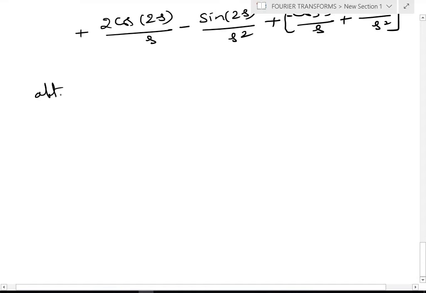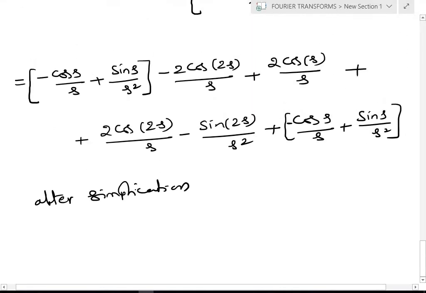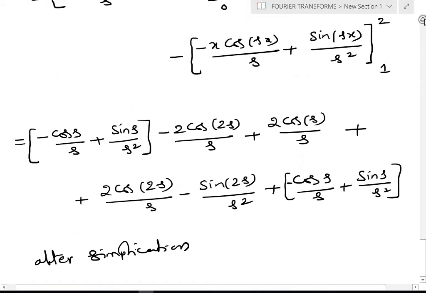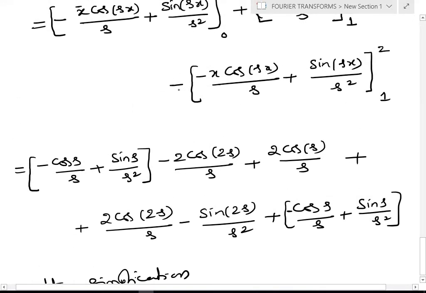Further simplification: many terms will cancel with each other. Upper limit minus lower limit, we get plus sin s by s square, minus sin 2s by s square, 2 cos s by s minus cos s by s.